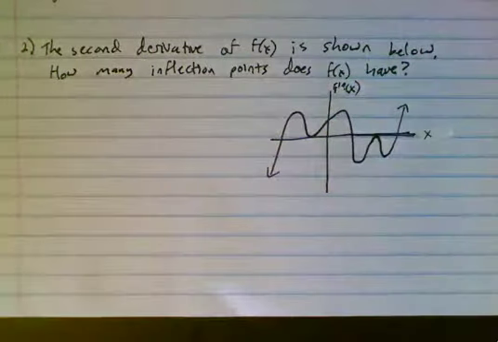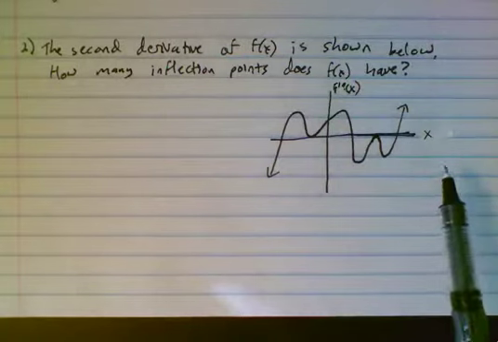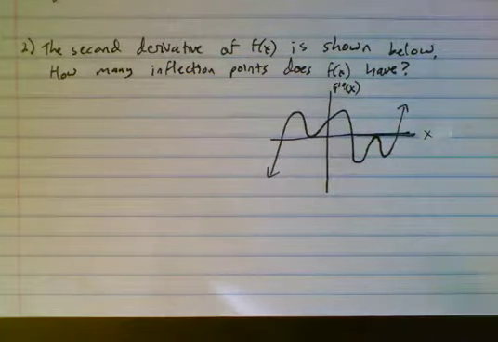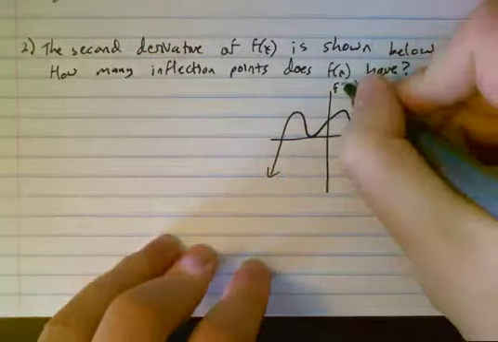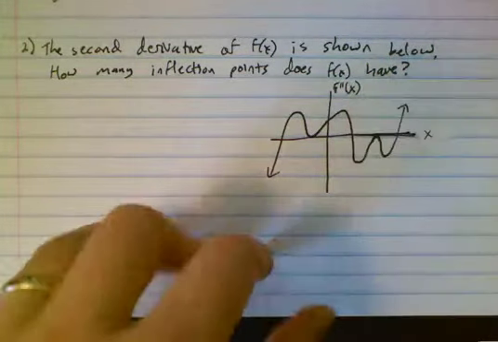Okay, so this is a graph of f double prime of x versus x. Still can't see that very well. Give me just a second. There we go. That's clearer.